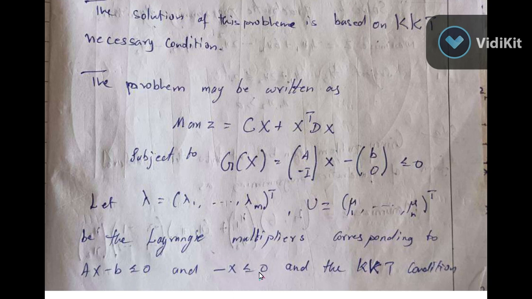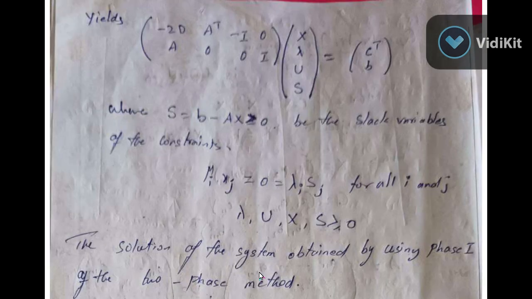And the Karush-Kuhn-Tucker conditions go like this. After making suitable modifications, we observe the following. The matrix has the entries minus 2D, A transpose, minus I, 0 null matrix, A, null matrix, zeros, and I, with the variables x, the Lagrangian multipliers, and S. What is this S?